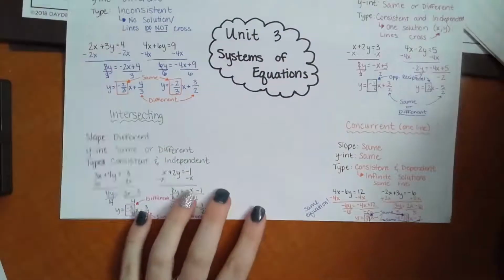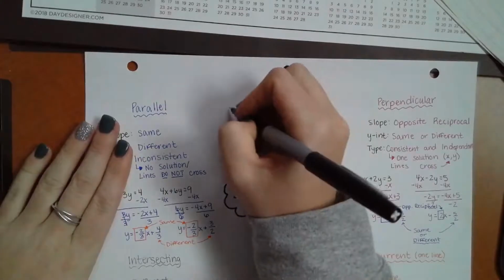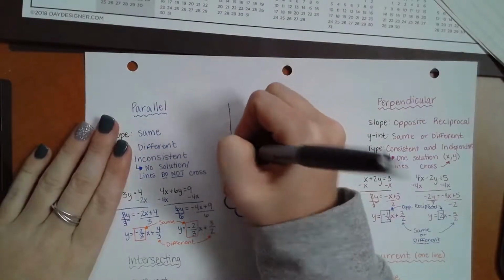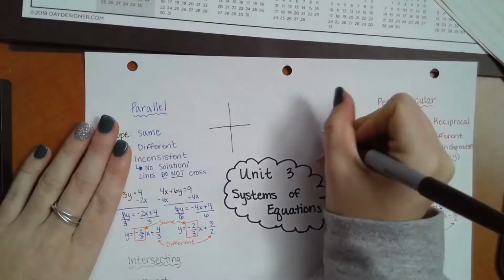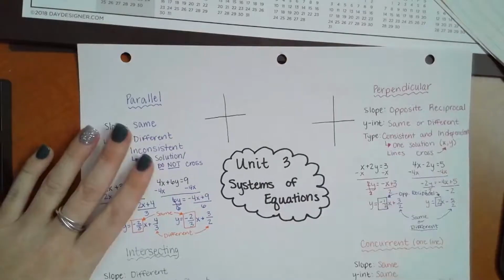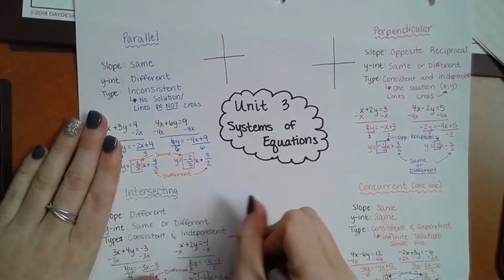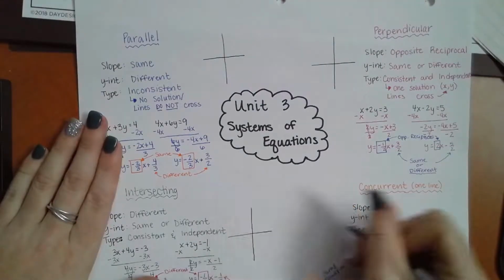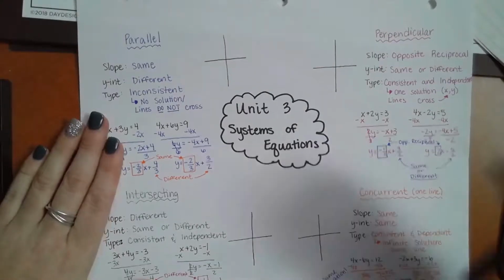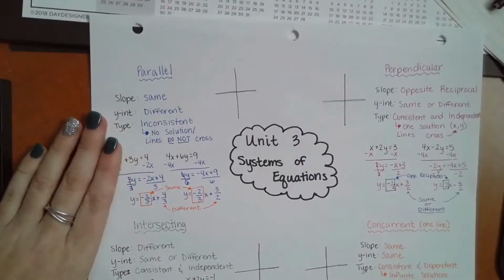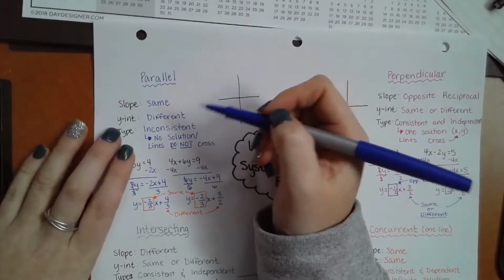Okay, so last thing I want to do is just show you a picture of what these are going to look like. So for parallel, perpendicular, intersecting, okay, so for parallel, you're going to have the same slope, but different y-intercepts.